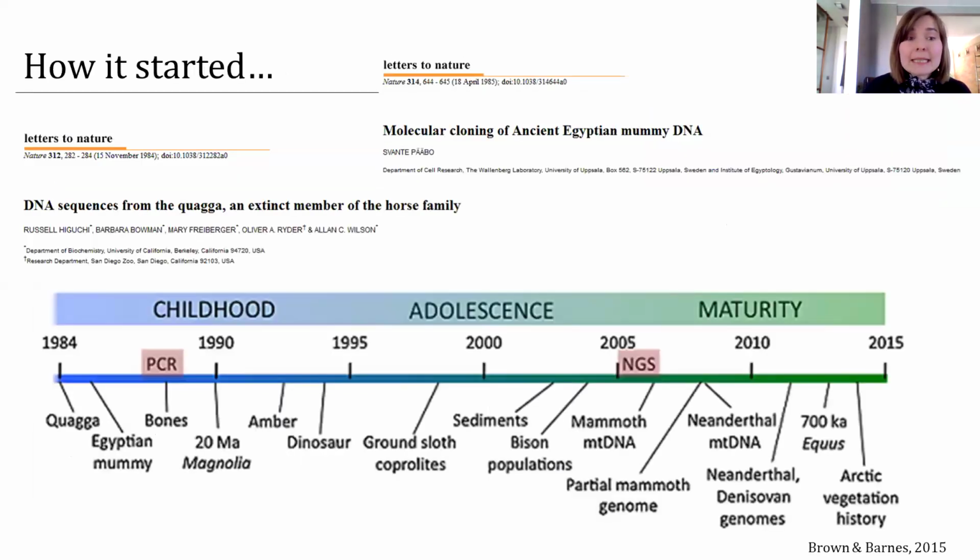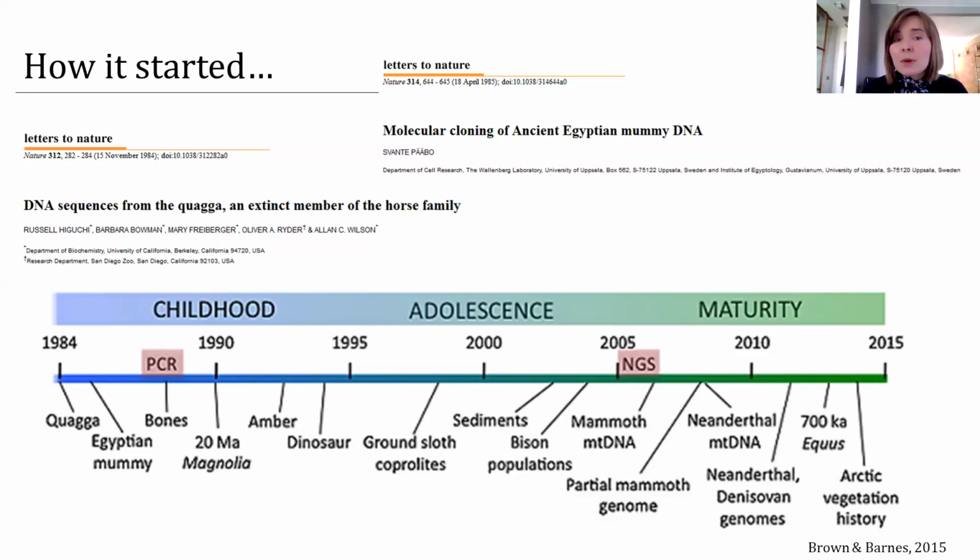So let's see how it started. The first study that reported obtaining a DNA sequence from any ancient material was from 1984, when the authors obtained a DNA sequence of the quagga, which is like a relative of the modern zebra.